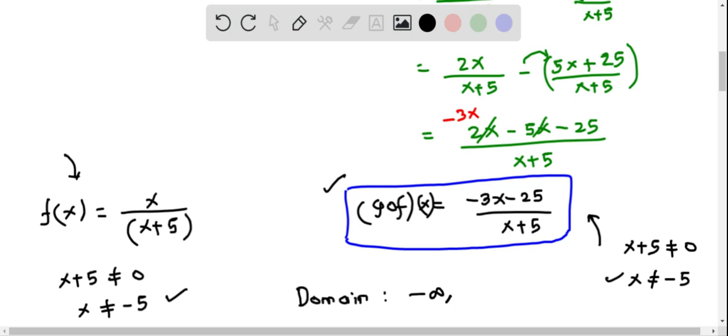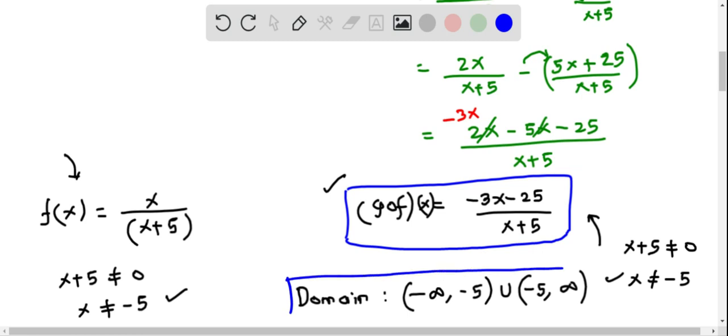It is defined for all real numbers except negative 5. So we start from negative infinity and we end at negative 5. That means that this negative 5 is not included, union, and then we start from negative 5, and close it with positive infinity. So we write down this domain like this. So this is the domain of the composite function in interval notation.